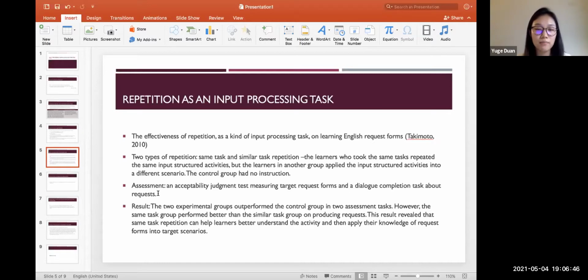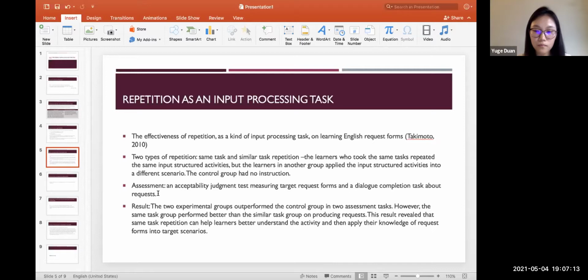However, the same task group performed better than the similar task group on producing requests, no matter from the accuracy or fluency or the varieties that the learners can provide in these tasks.